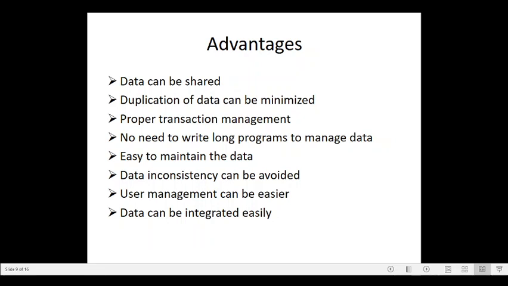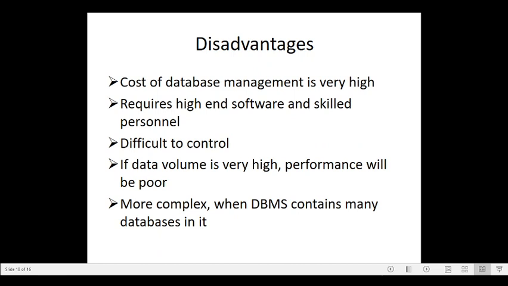Now let us have a look into the demerits of the database management system. The cost of database management is very high, as the number of users increases, the need to pay more. And it requires high-end software and skilled personnel to install the database network.